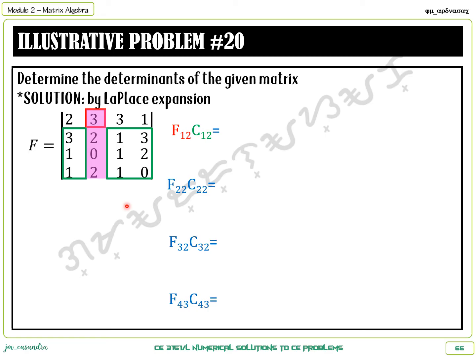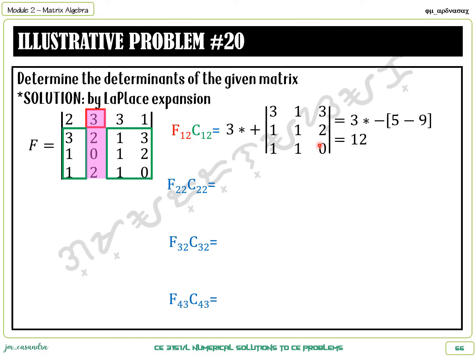So F12 will now be 3 multiplied to 3, 1, 3. So its minor matrix will now be equivalent to 3 times negative 5 minus 9, giving us a value of 12.